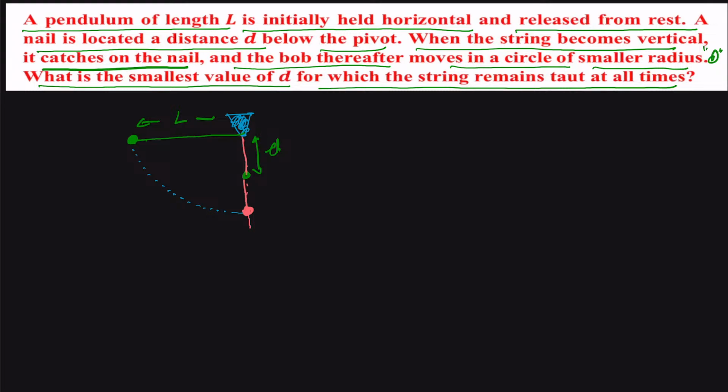And this string will be caught by this nail, and now the bob is going to move in a circle, and we know that the total length is L. Therefore this radius will be equal to L minus d. So the bob is going to move in a circle of radius L minus d.